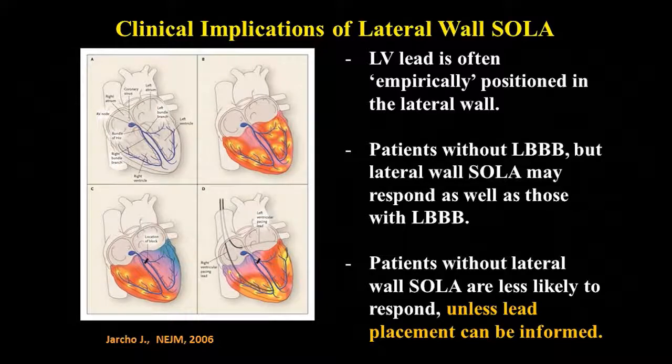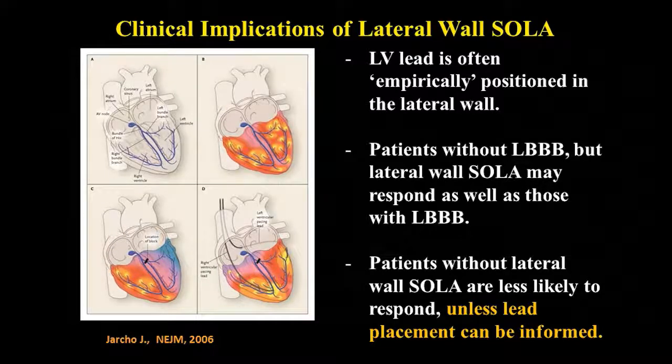Okay, so if you have a septal to lateral wall delay that you can correct with biventricular pacing, you can improve resynchronization. What if you don't have a septal to lateral wall delay, as we saw in those patients who did not have a left bundle branch block, in which the site of latest activation could be in the anterior wall, could be in the inferior wall, right?